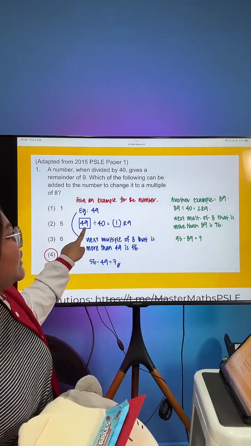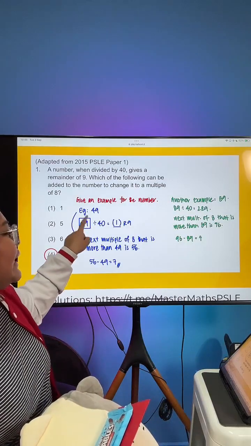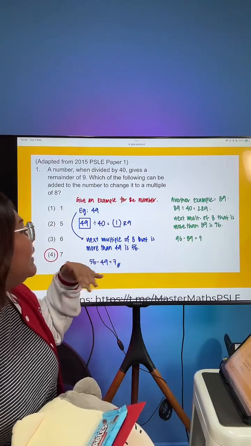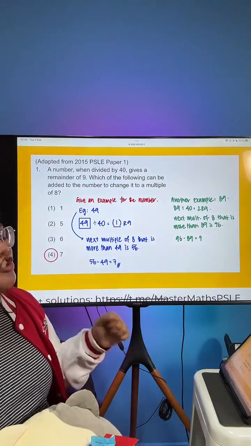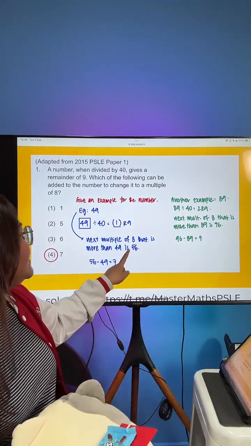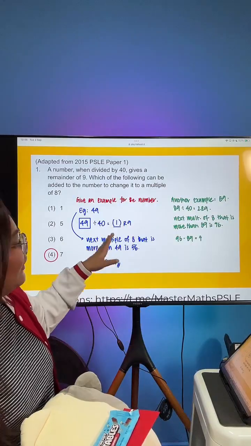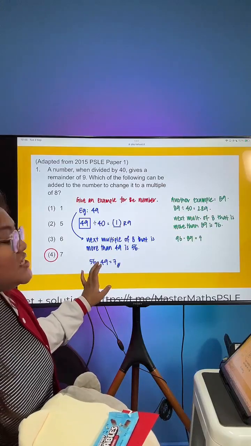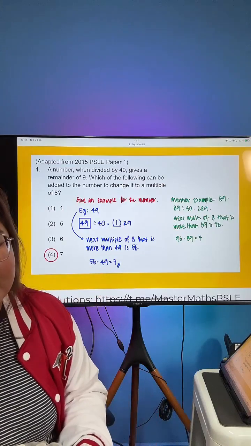So our example is 49 here. From 49, we just have to ask ourselves, how many more do I need to add until we reach a multiple of 8? The next multiple of 8 after 49 is actually 56. So 56 minus 49 is 7.